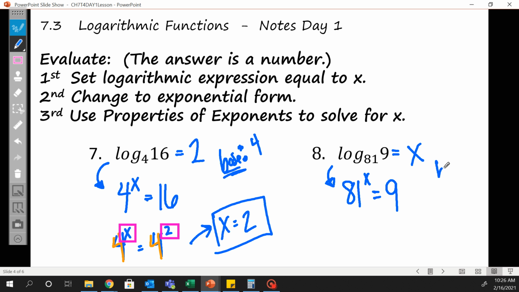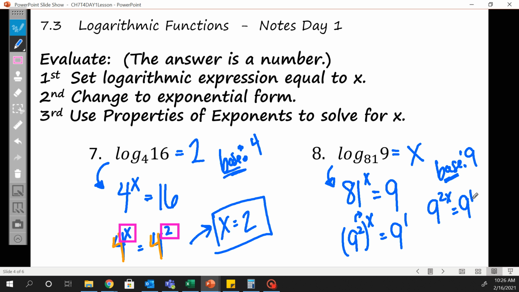Now we solve this by making the bases the same. In this case, I would have a base of 9 for both sides. So 81, that's 9 to the second power to the x, and 9, that's 9 to the first power.